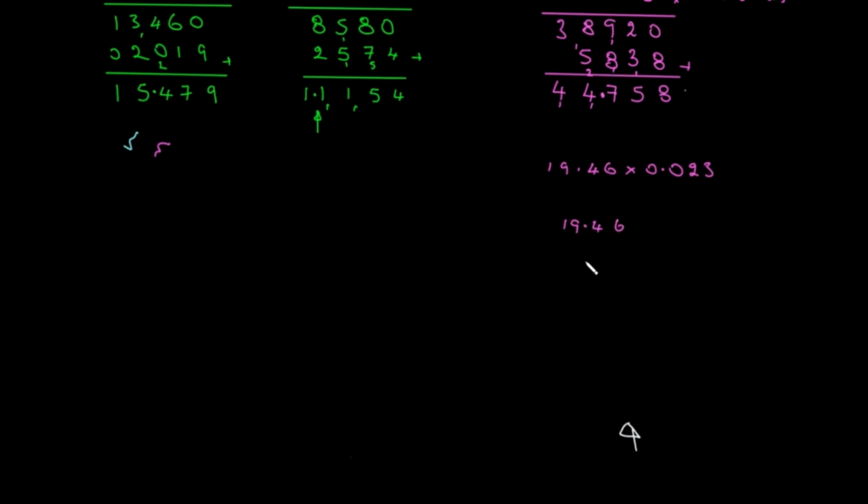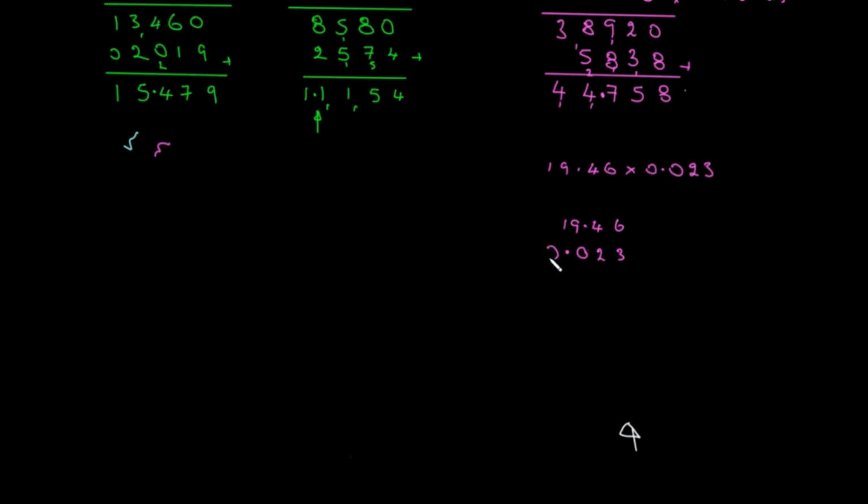19.46 times, there's your decimal point, doesn't have to line up, 0, 2, 3, I'm going to make it line up, there's your 2 and your 3, there's the 0.